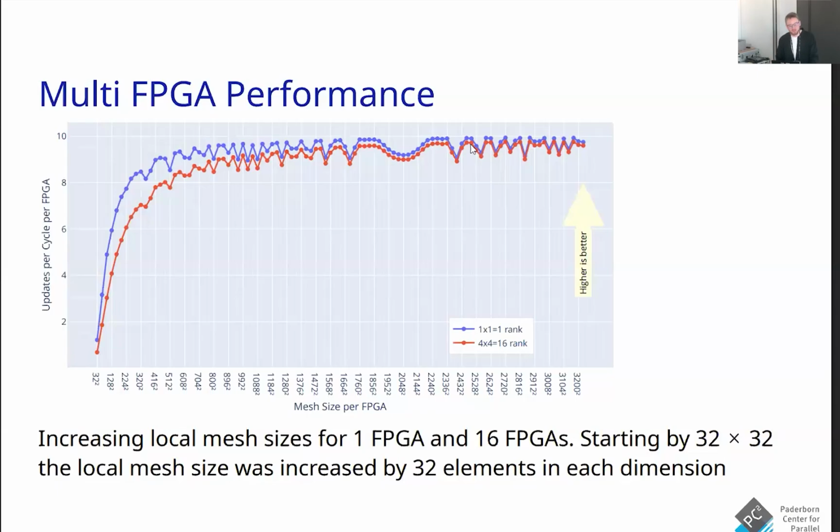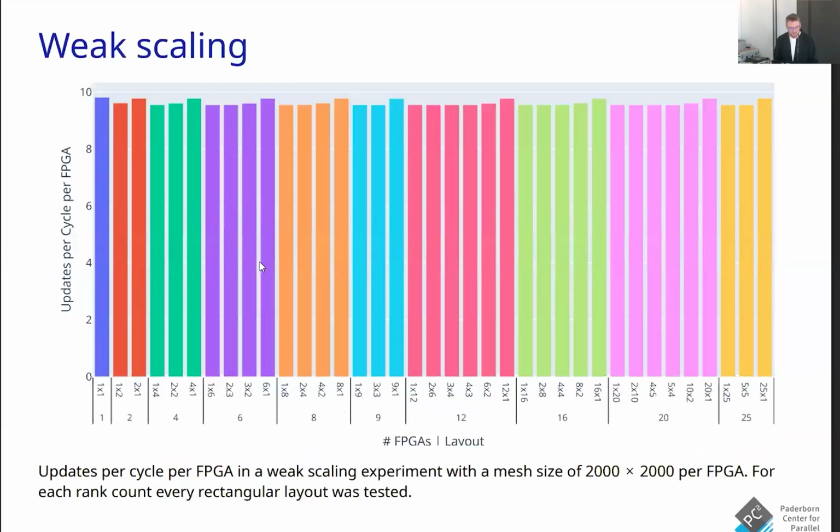We believe that it's a combination of having the interleaving of the DDR channels and actual bank conflicts within the DDR banks itself, but we weren't able to isolate the effects. But yeah, for some mesh sizes, it works quite well. That's what I can say.